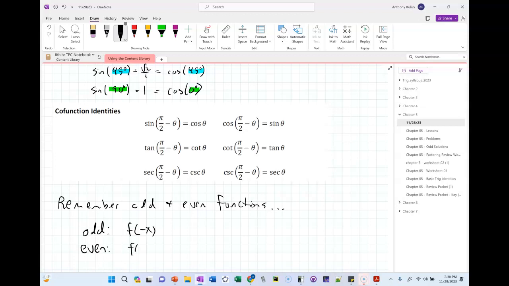What was the definition of odd or even? I'll give you a hint and let's start it out. So it starts f of negative x equals, and what's the rest of it for an odd function? Or even, if you prefer. Who remembers the definition?